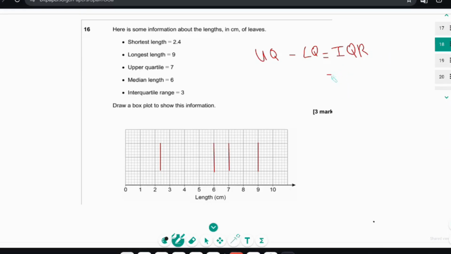We know the interquartile range is 3, and we know the upper quartile is 7. The lower quartile must be 4. Let me just join them up around the middle, and add our little whiskers in.